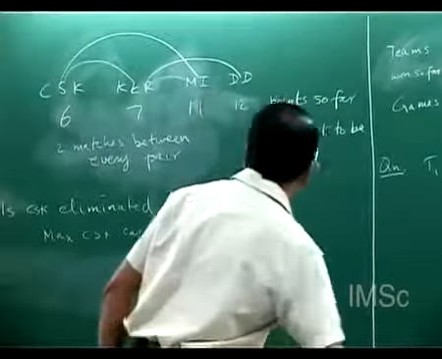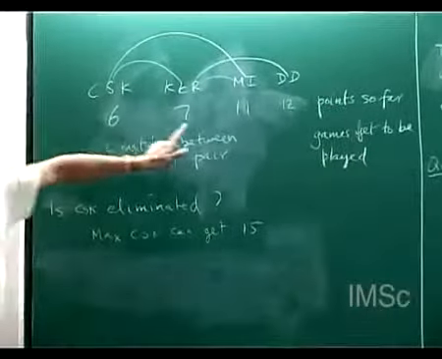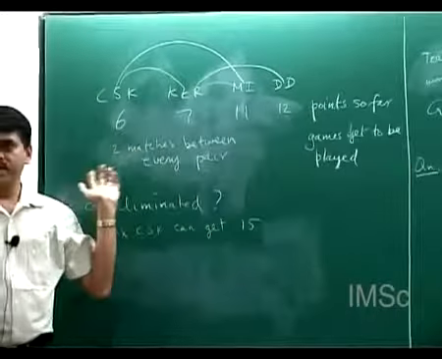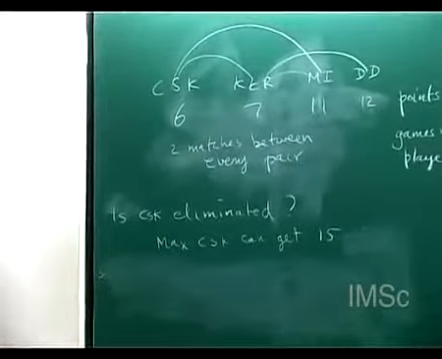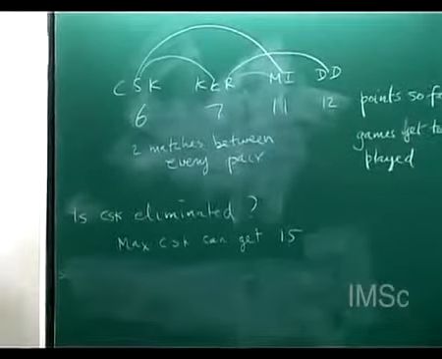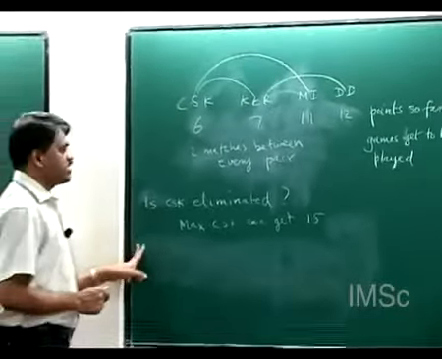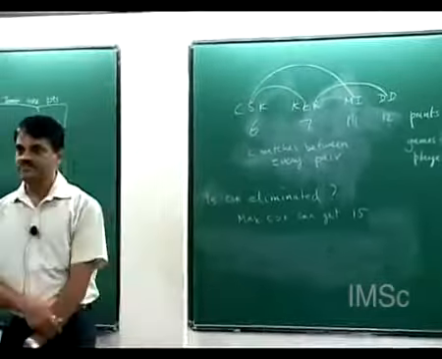Suppose this is the scenario you have: 6 points, 7 points, 11 points, 12 points, and the games yet to be played, every pair needs to play 2 games each. So there are 12 games left. Now I ask the same question, is CSK eliminated?